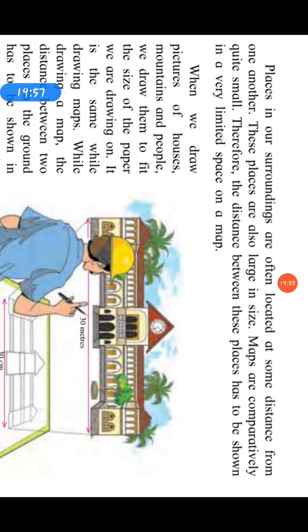The subdirections lie between every two adjacent main directions. The subdirections are southwest, southeast, northeast, and northwest. About the scale, while drawing a map, we cover the huge distance of two places on the ground in such a way that it fits into the small paper.